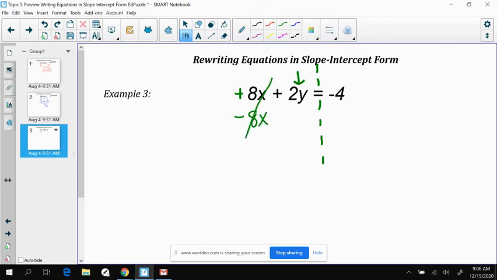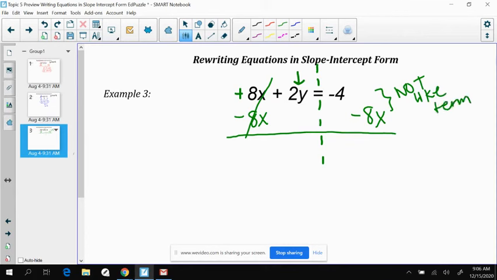Whatever we do to one side of the equation, we have to do to the other. I did not line up -4 with taking 8x away because these are not like terms, and so I know that they cannot be combined together. We have a 2y remaining on the left and a -4 taking 8x's away on the right.